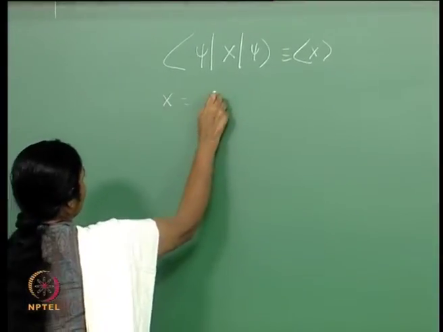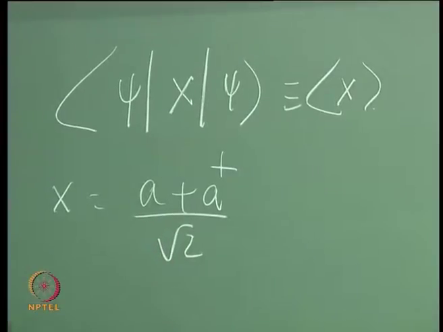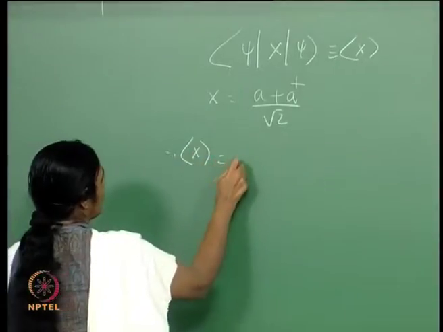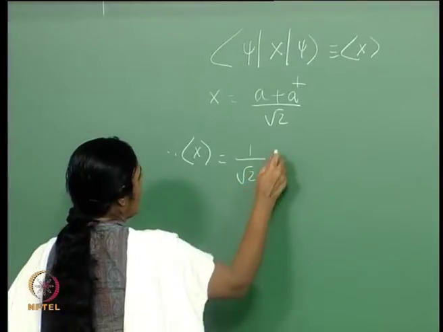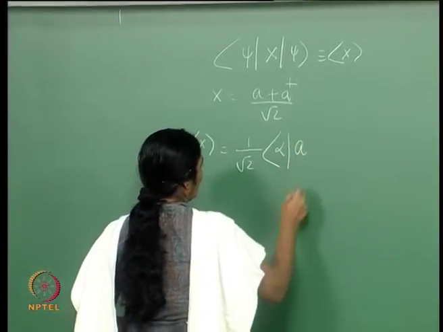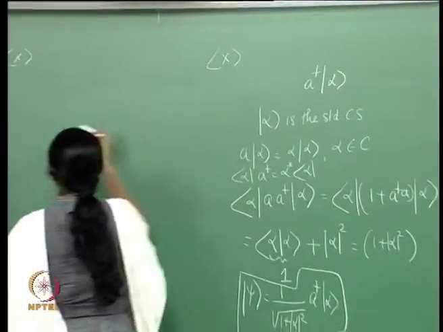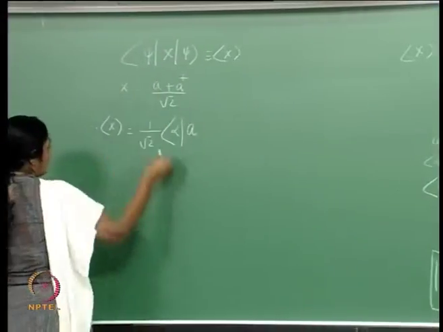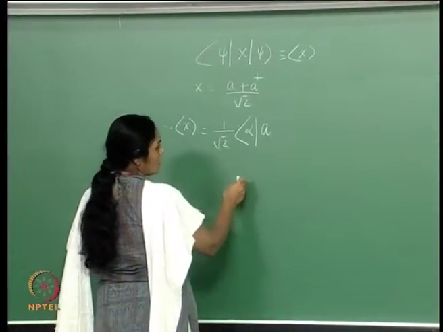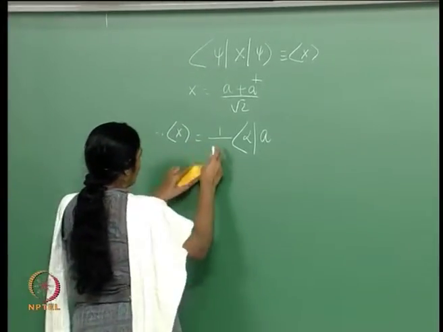But x itself is A plus A dagger by root 2, and therefore, the expectation value of x in this state is 1 by root 2. I have just taken the bra psi. Of course, there is going to be a normalization, and that is 1 plus mod alpha squared.